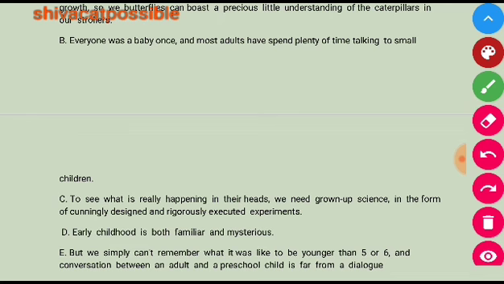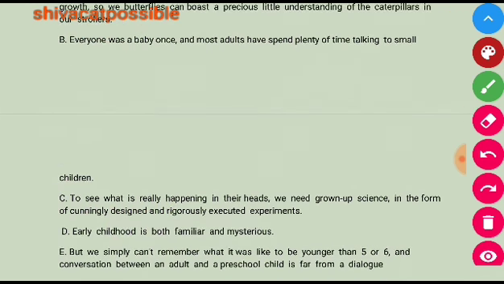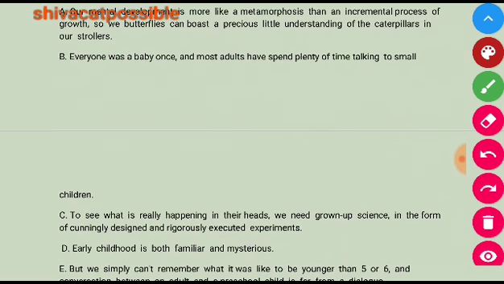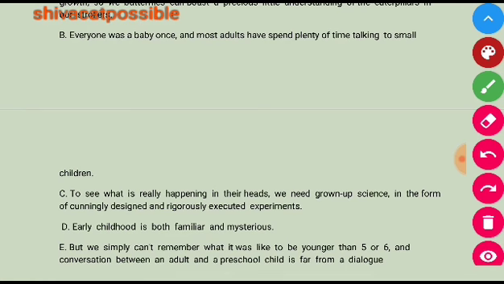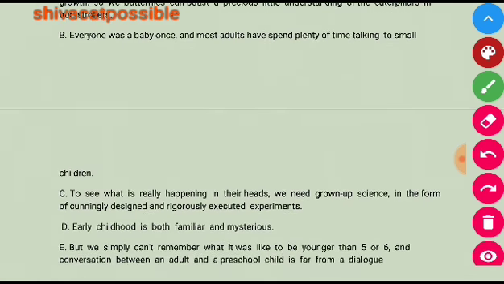It seems it's forming a pair. Here the two sentences are very well connected with each other, because here it is about babies and here we are discussing children younger than 5 or 6. So BE is a mandatory pair. Here we have formed DB, then one remains, E: but we simply cannot remember.